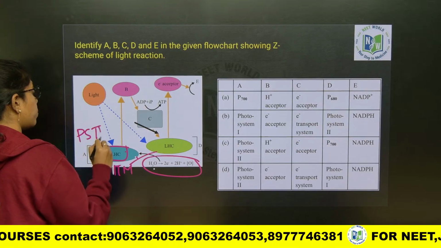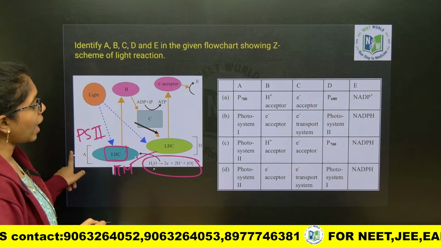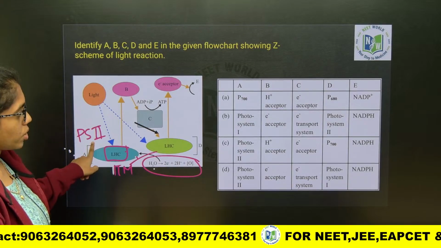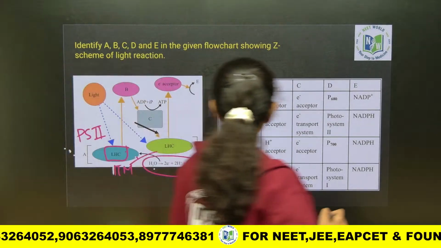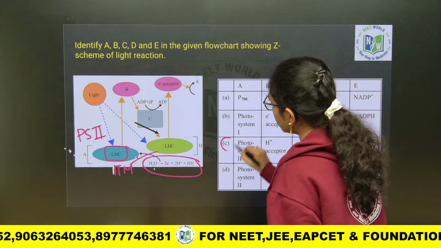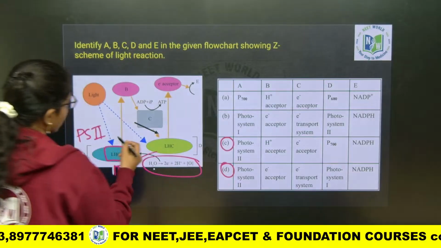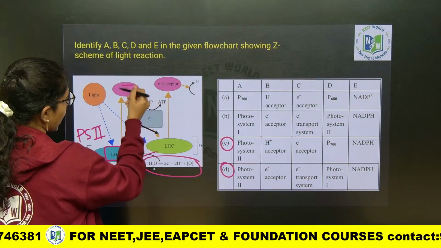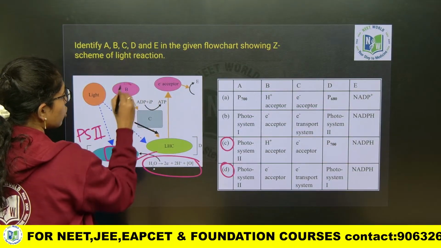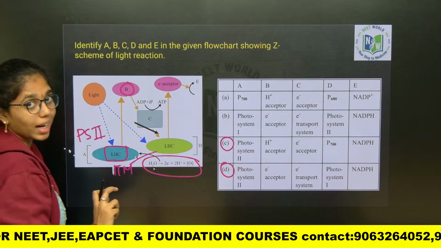PS1, sorry, PS2. This light harvesting complex belongs to photosystem 2. So you mark A as photosystem 2; C and D, just encircle and keep. Now observe the electron acceptor at B. B is the electron acceptor, not a proton acceptor.